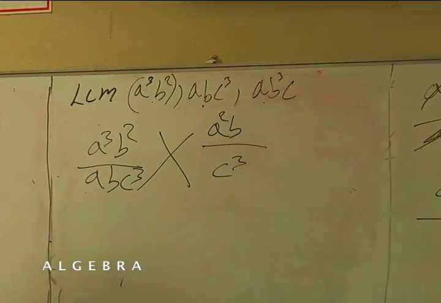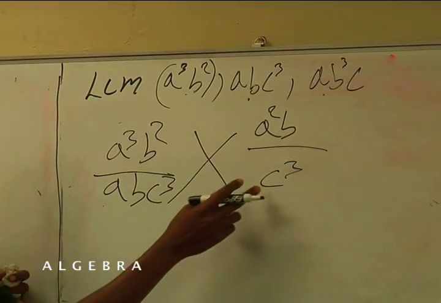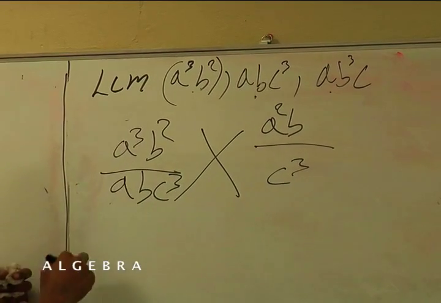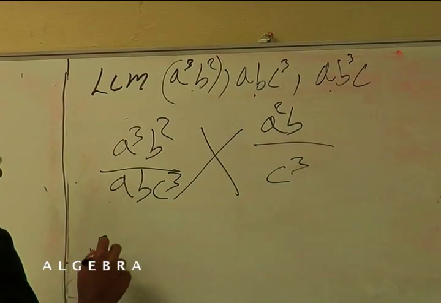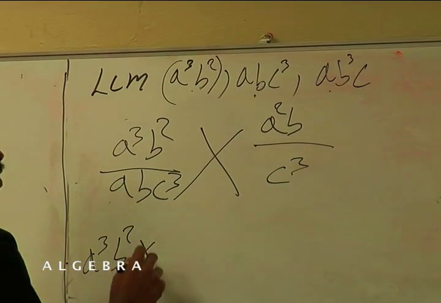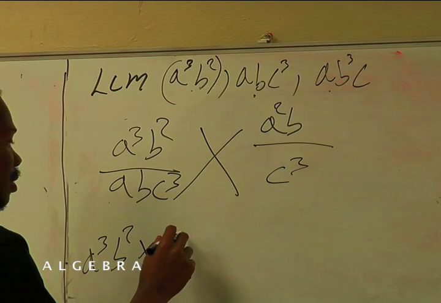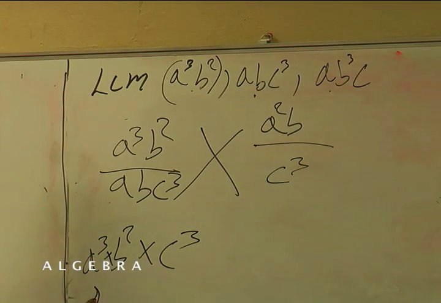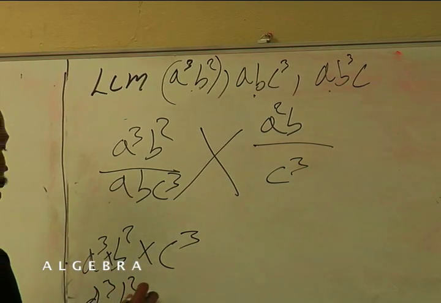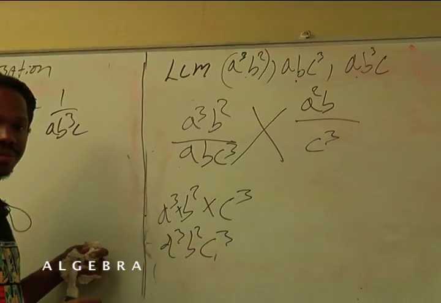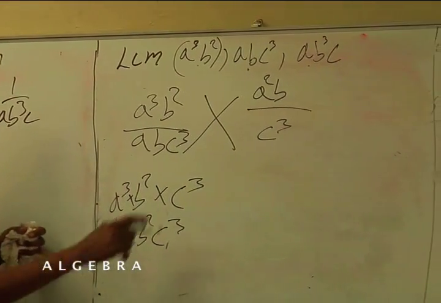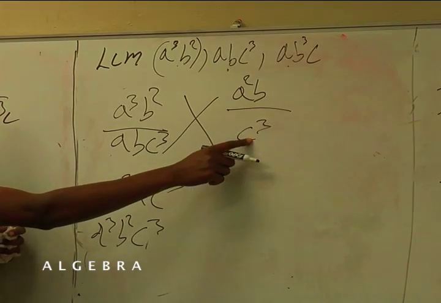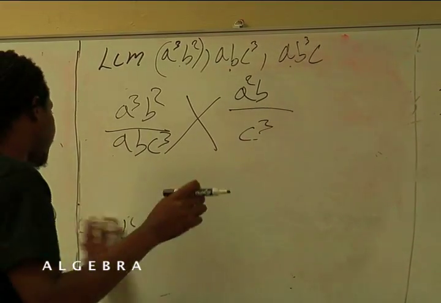You see that? So now all we do is say this times this. So A cube B square times C cube gives you A cube B square C cube. You see that? This times this, I can do it the other way.